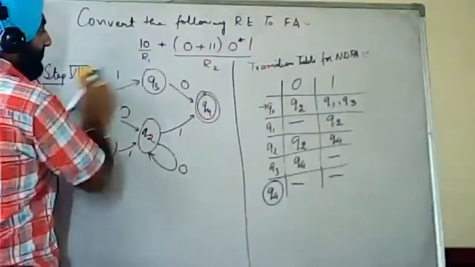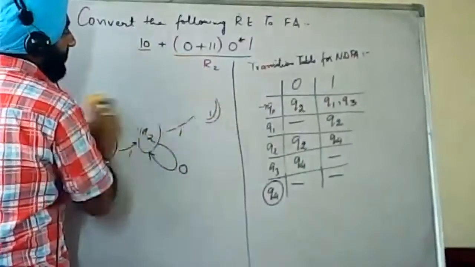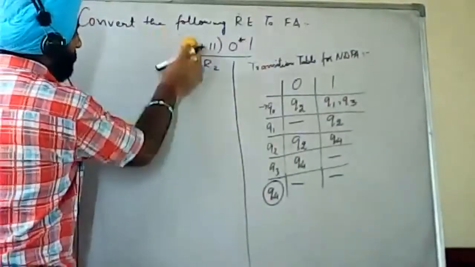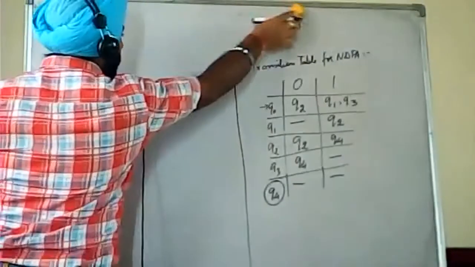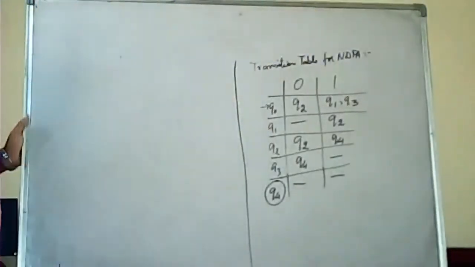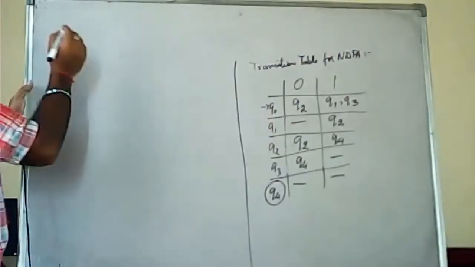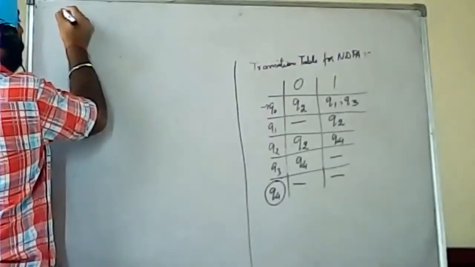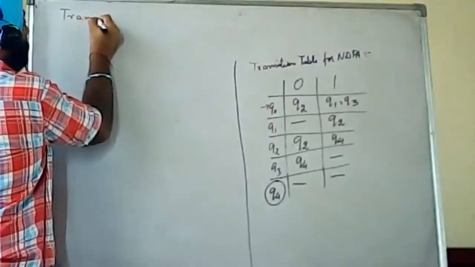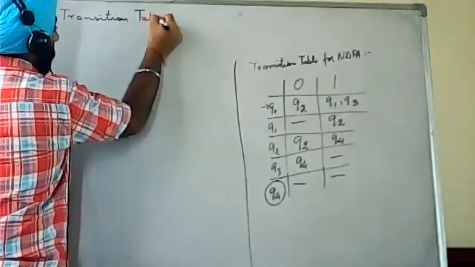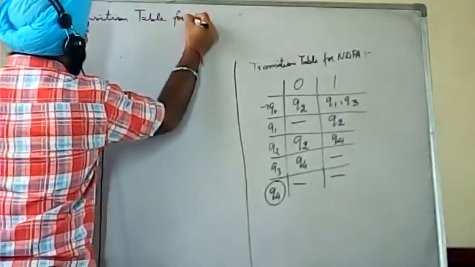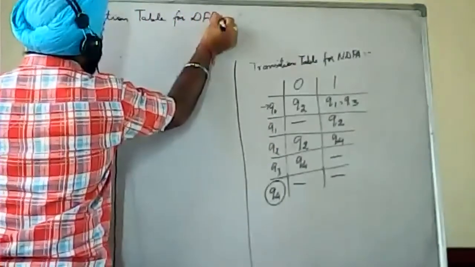Then you need to construct the DFA table. So next step is the transition table for DFA.